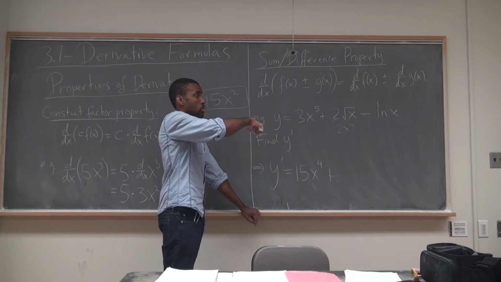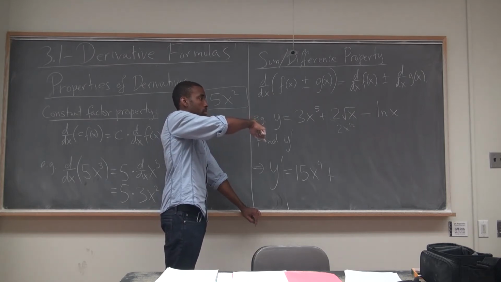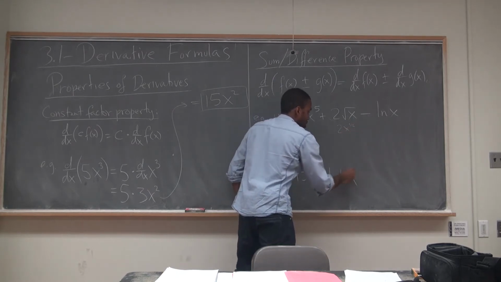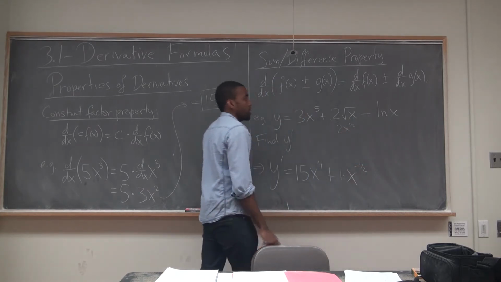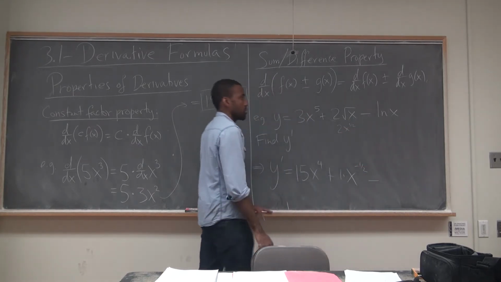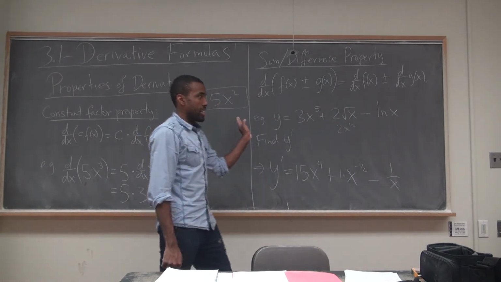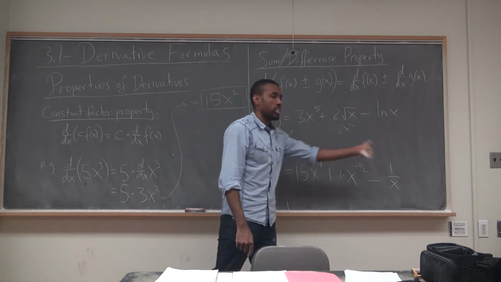I'd bring the half down, multiply by 2, and it just becomes 1, and then I end up with x to the minus 1/2, minus 1 over x. So you see, I can give you a sum of things, and you just concentrate on each individually.